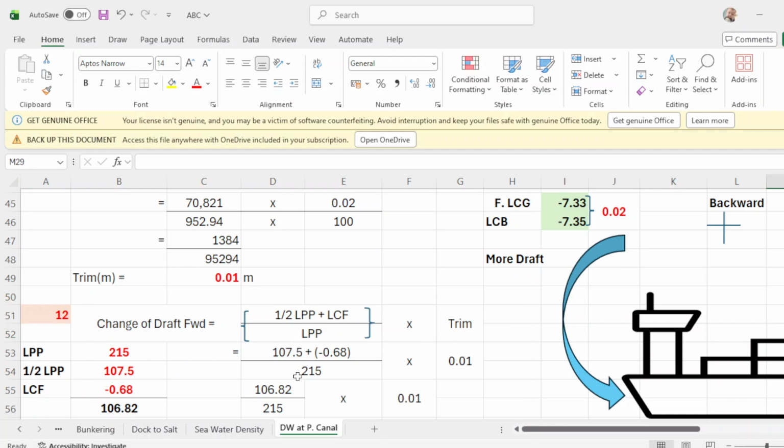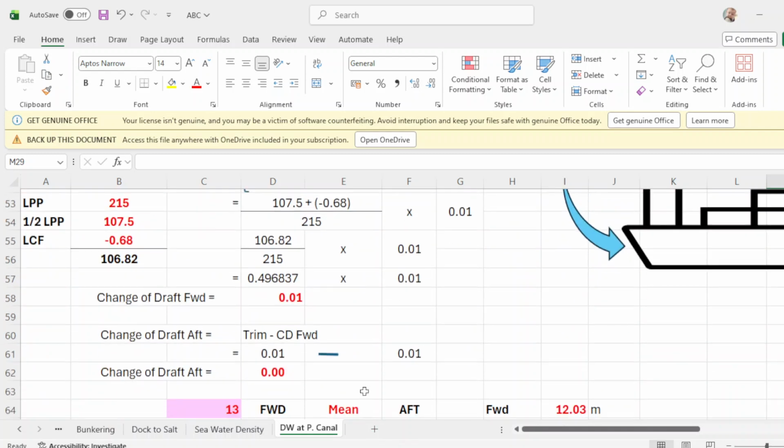So what is your LPP? It is 215. 1 half of LPP is 107.5. So your 1 half of LPP plus your LCF of negative 0.6, you add this one, then the value would be 106.882, over your LPP of 215, times your trim of negative 0.01 here.